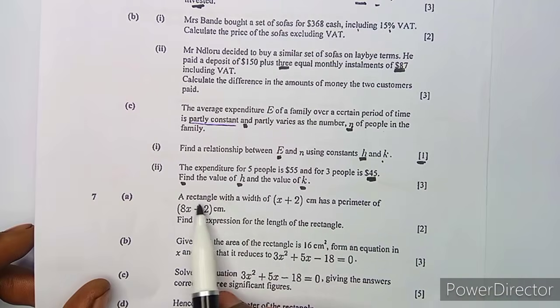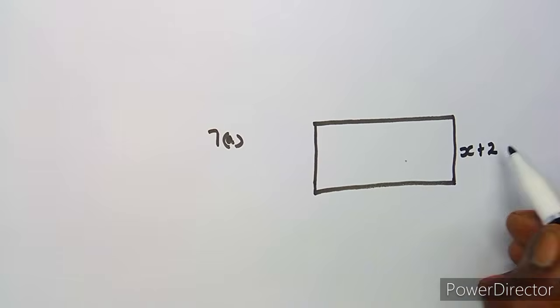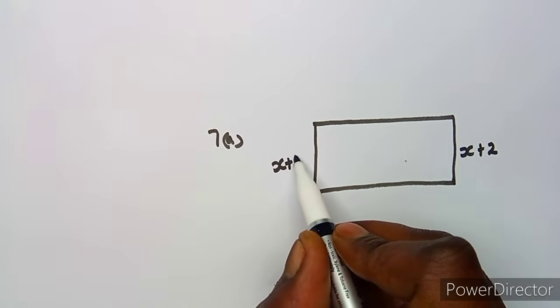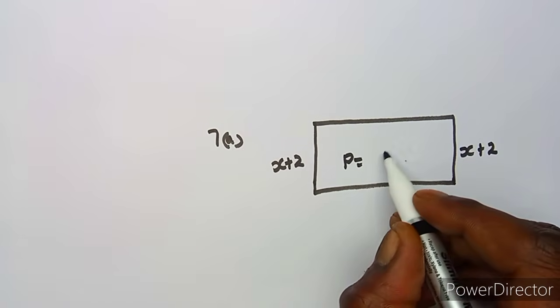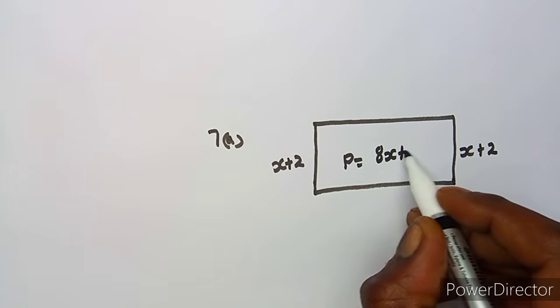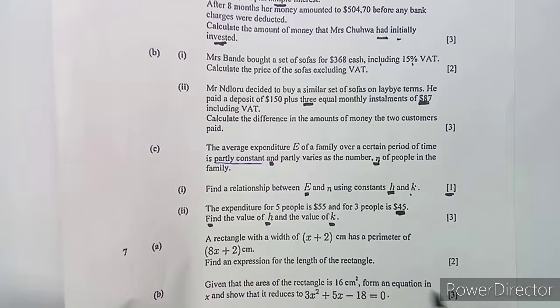In this case we are given the width of the rectangle, which is x plus 2. We've got x plus 2 here, and x plus 2 here. That's our width. And we are given the perimeter, which is 8x plus 2. That is your expression for the perimeter, in centimeters.